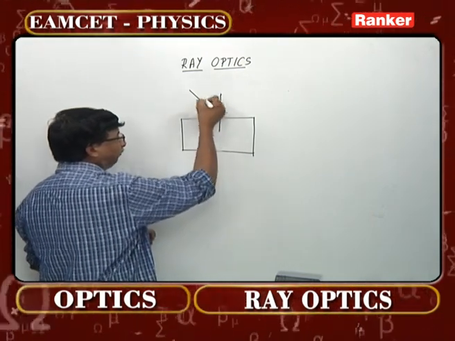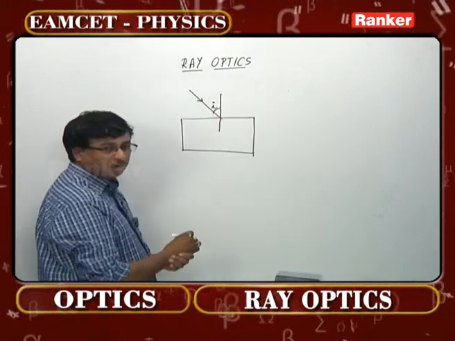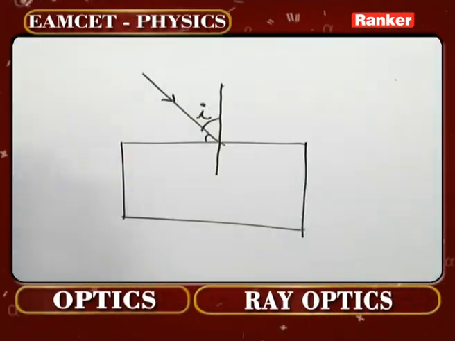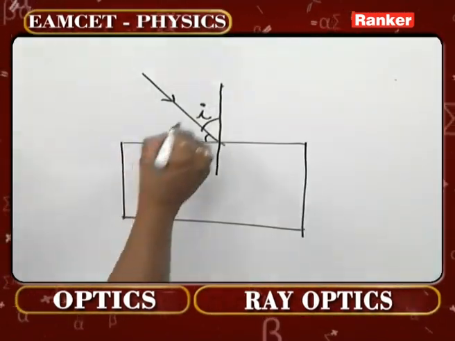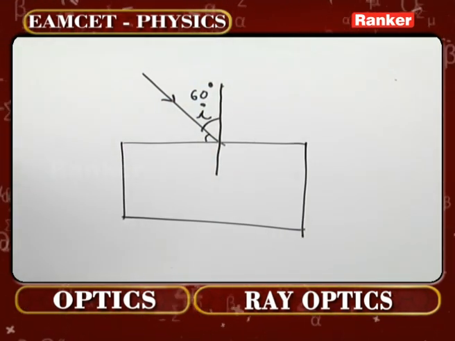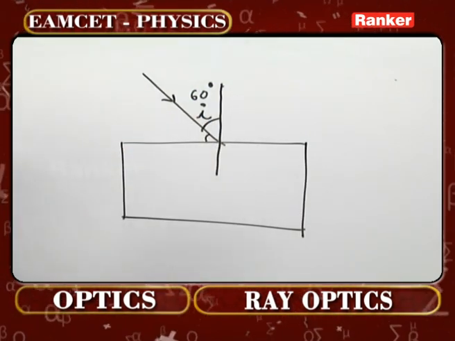Usually, angle of incidence means the angle between normal and incident ray. But here he is giving this angle as 30 degrees. Then what is the angle of incidence over here? 60 degrees. Remember that point thoroughly first. So angle of incidence must be 60.